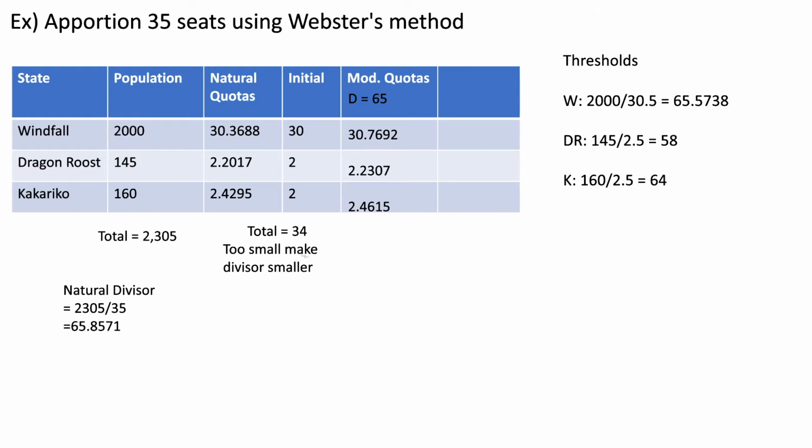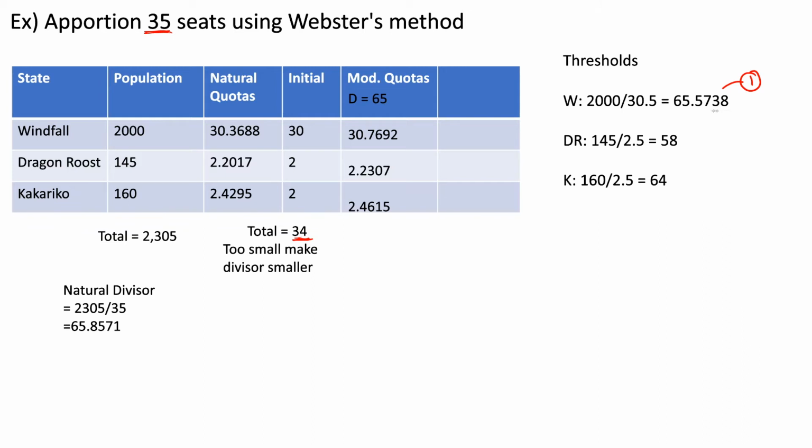So we only needed to allocate 1 more seat if we go back to our initial allocation. We had 35 seats. Initially, we gave out 34. So we would want to use the first closest threshold divisor to the natural divisor. And the first closest threshold divisor we have here is the one for Windfall. So if we used 65.5738 exactly, that would work.